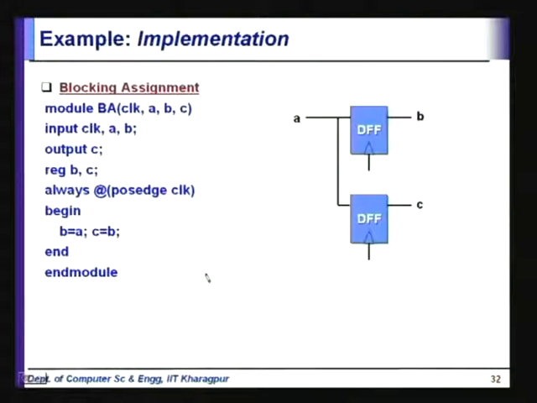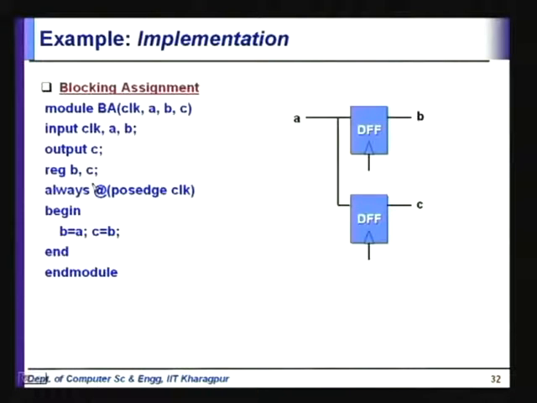So let us look at an implementation where we are using blocking assignment statements. So let us see the corresponding implementation. Here we have this module BA. We have the inputs as clock, A, B, output is C, and we are using B and C also as registers.